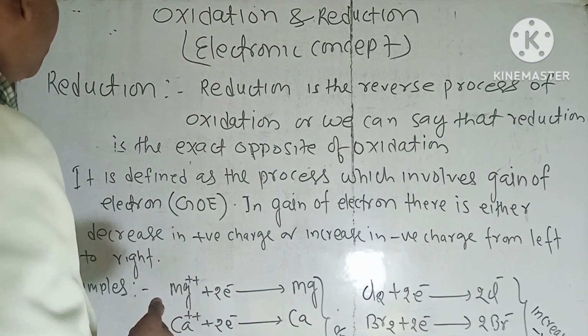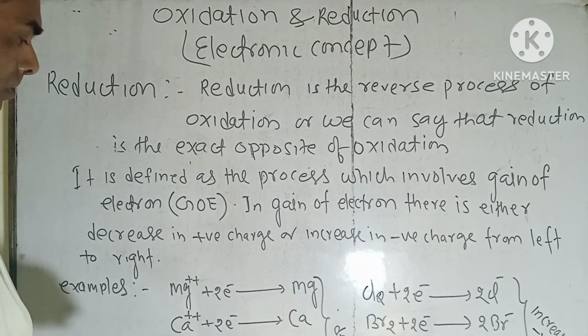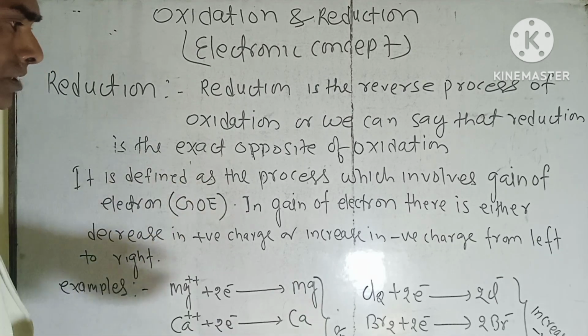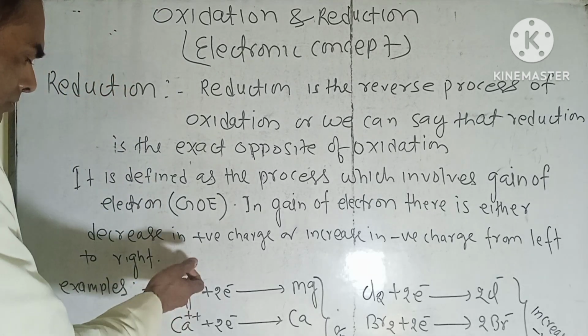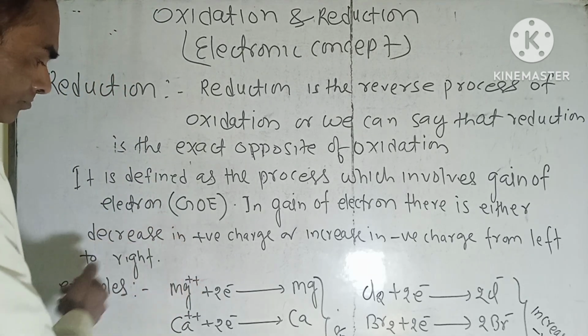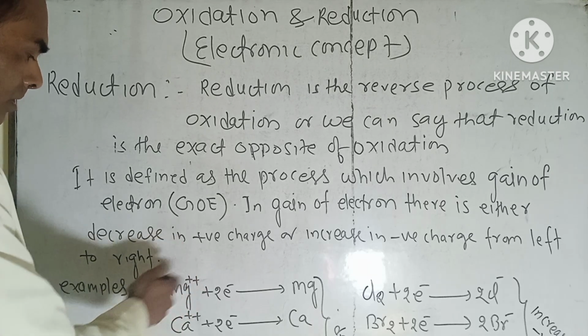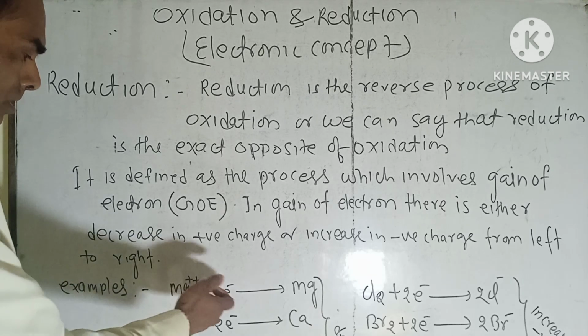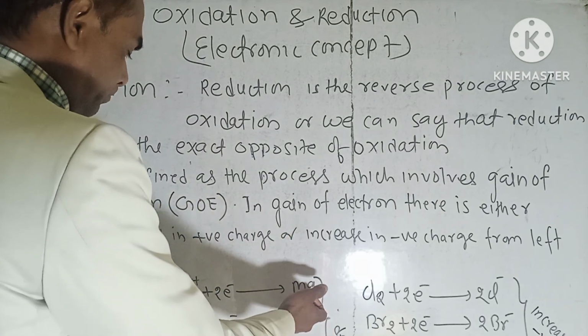Taking examples for reduction, we can describe the decrease in positive charge or increase in negative charge from left to right. Magnesium 2 plus, it means magnesium lost 2 electrons. In this condition, magnesium gaining 2 electrons is converted into a magnesium neutral atom.